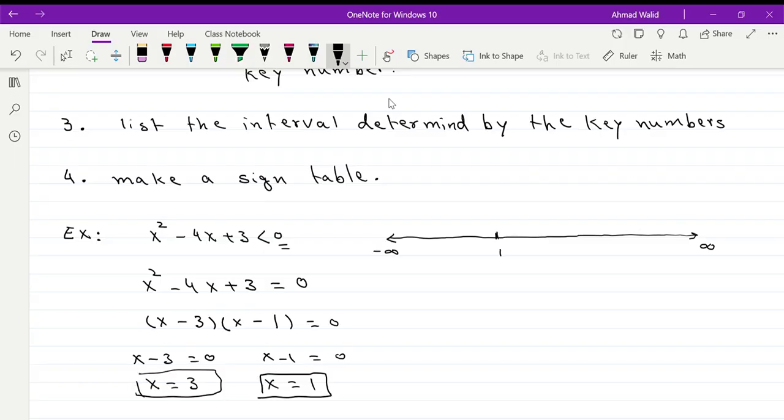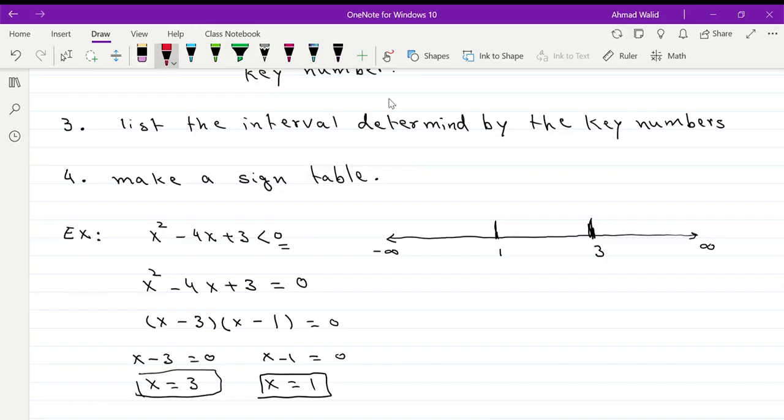Of course, here is 1 and here is 3. Now, if you look at this number line, it's not a class where I can ask you a question. I'm asking how many intervals you can see on this number line. The answer is 3 intervals.